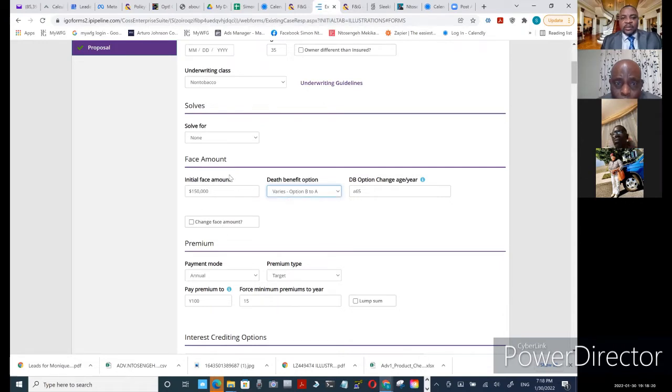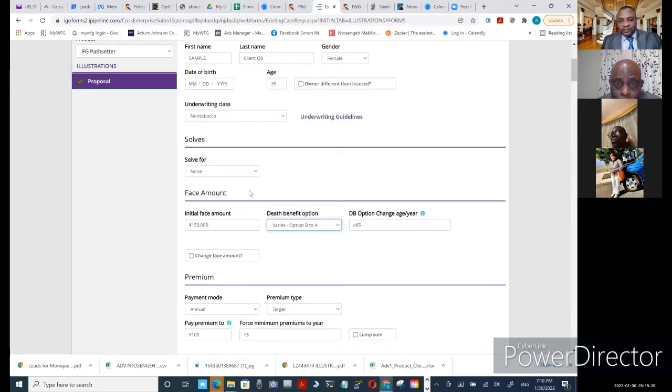Now, remember, we took our underwriting class already, which is standard non-tobacco. If you want, you could just leave it at none and then input all the variables by yourself, or you take max accumulation and income, which is what we're going to be using now. So we want to get maximum income out of this policy.